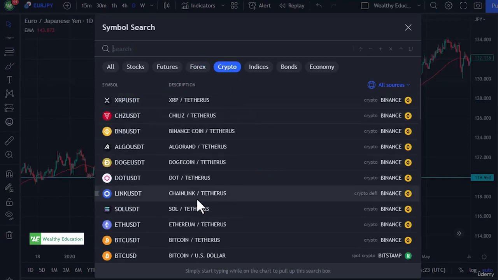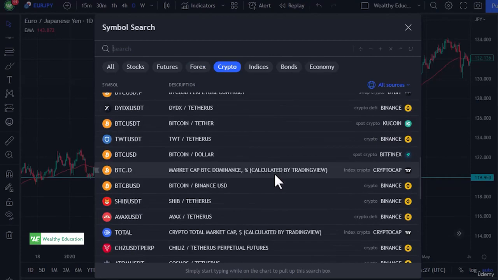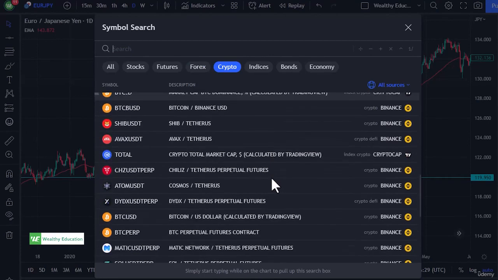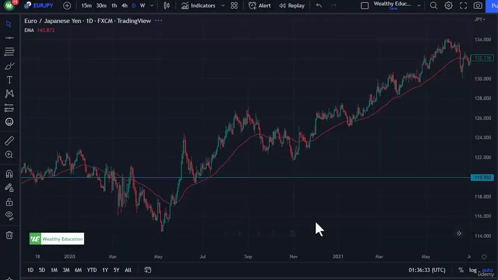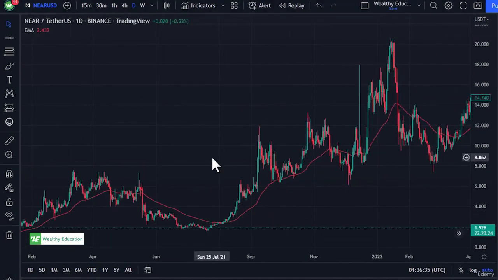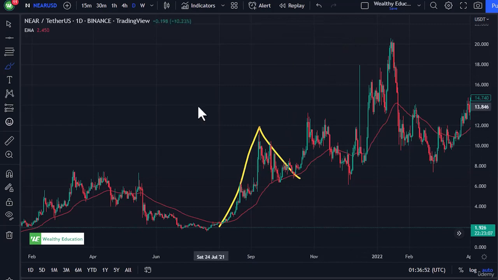And finally, let's do crypto. Let's do Near Protocol. Okay, so here is a pretty messy pennant, but it is a pennant.